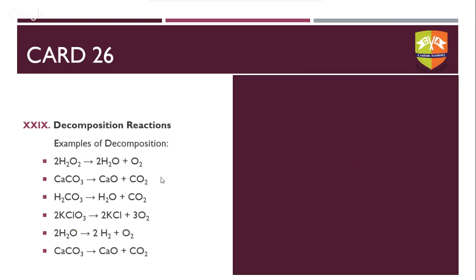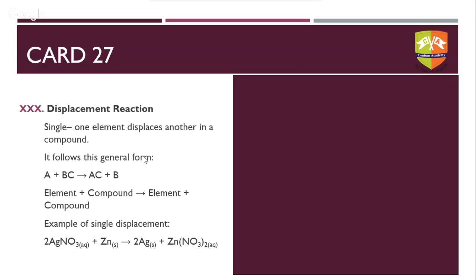Now let's look at the third major type, which is the displacement reaction. Sometimes it's also called single displacement reactions. So when we are talking about single displacement reactions, only one element displaces another one in the compound.